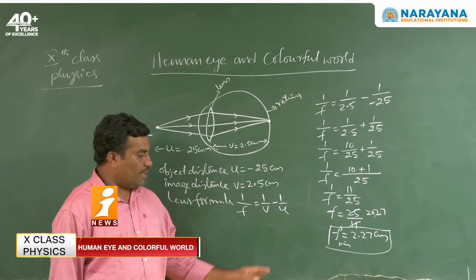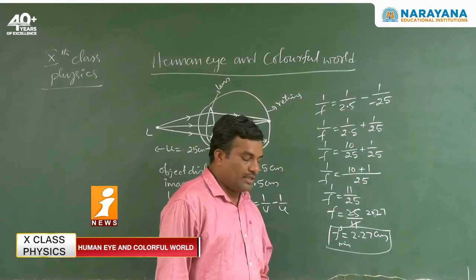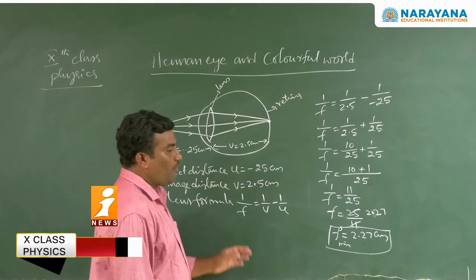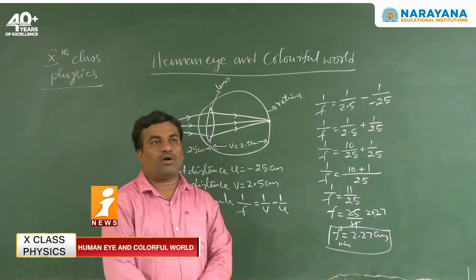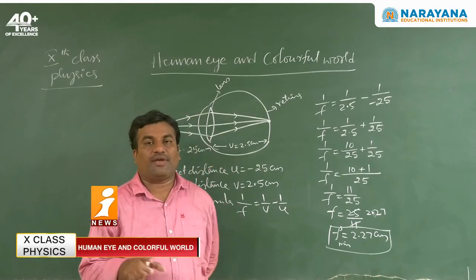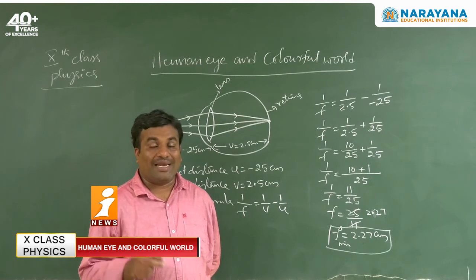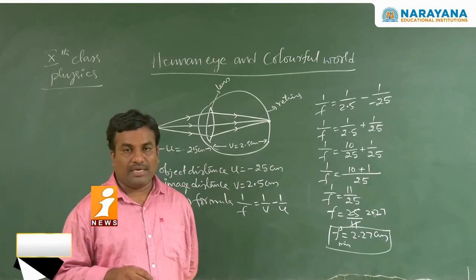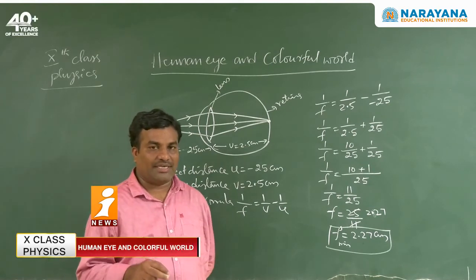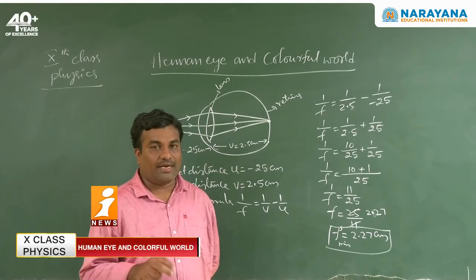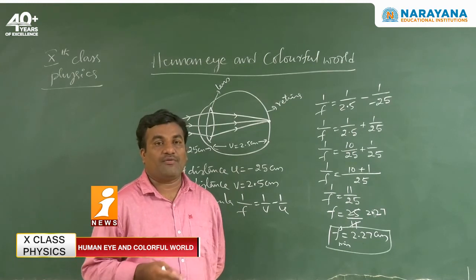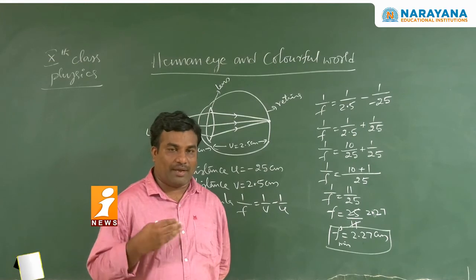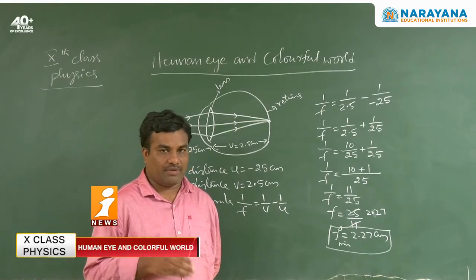So you can see here, one is 2.27 and the other is 2.5. If the position of the object is between infinity and the least distance of distinct vision, that is 25 centimeter, then for any object in between, the focal length can be adjusted by the ciliary muscles.